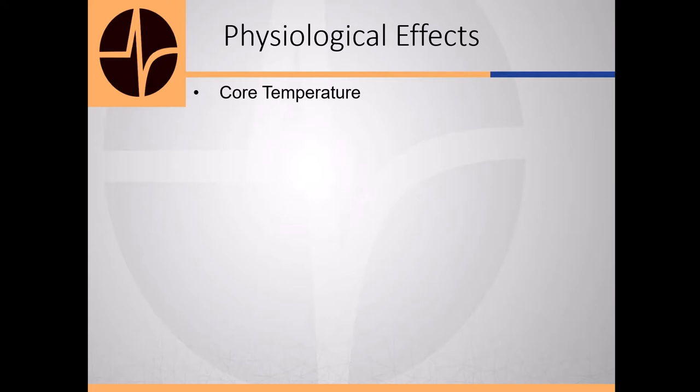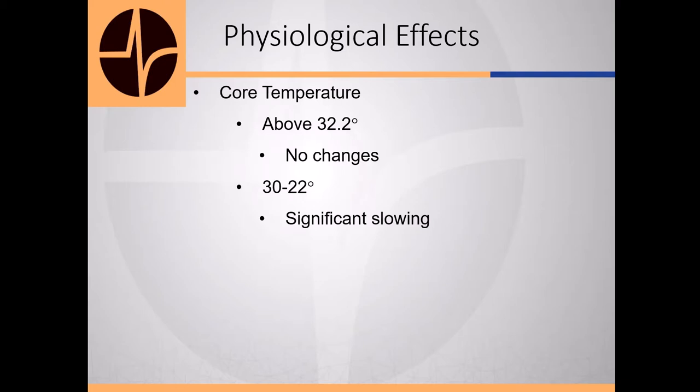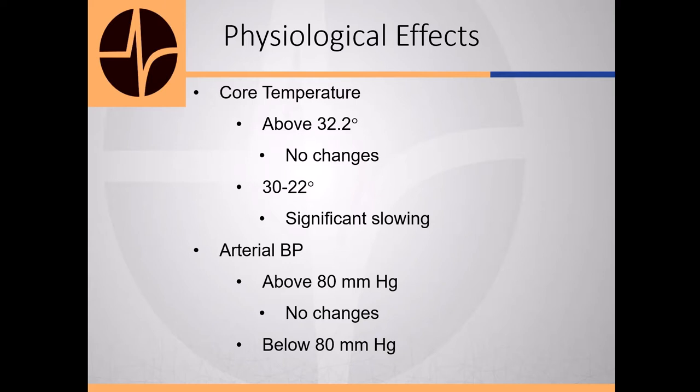So the patient's core temperature, if it's above 32.2 centigrade, no changes. If it's 30 to 22 degrees, there's going to be significant slowing. Arterial blood pressure, if the MAP is above 80, there's not going to be any changes. Below 80, it may become isoelectric.